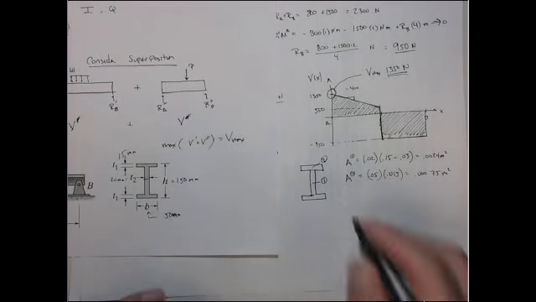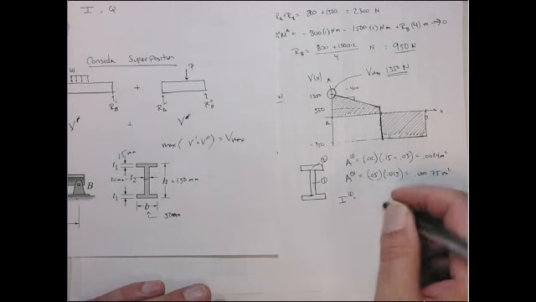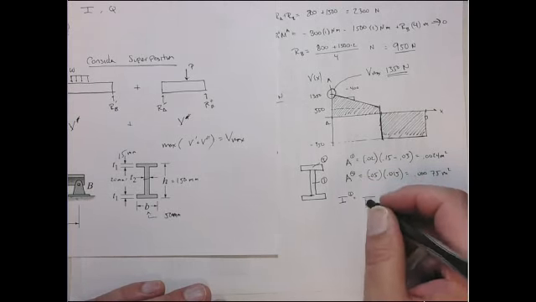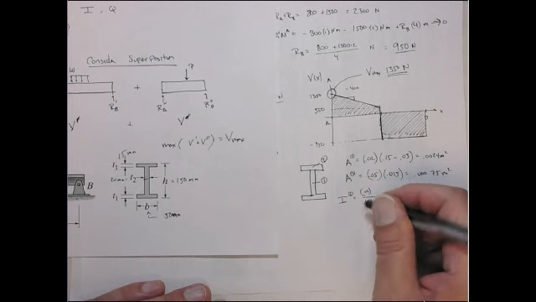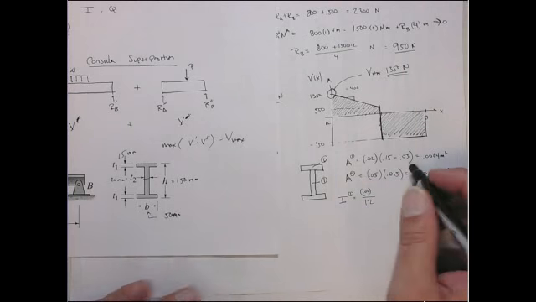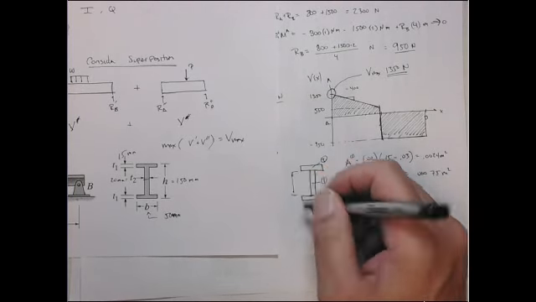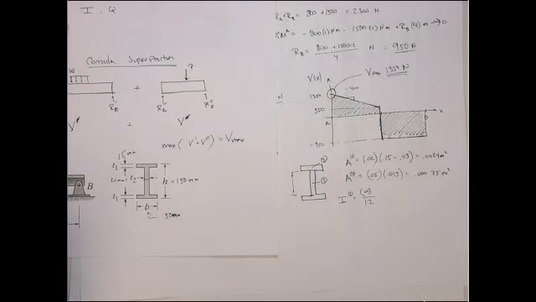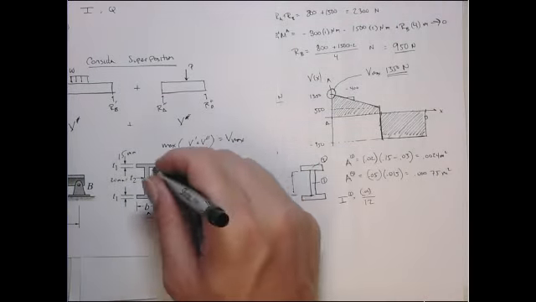The I of the web, I of section 1, is going to be 1/12 the base, which is 0.02, times the height, which is going to be this value. Let me just write this value. That value is the 150 minus 0.03. So this is actually this distance here.